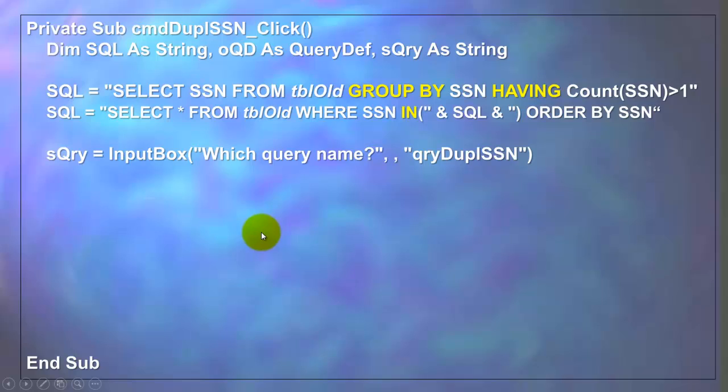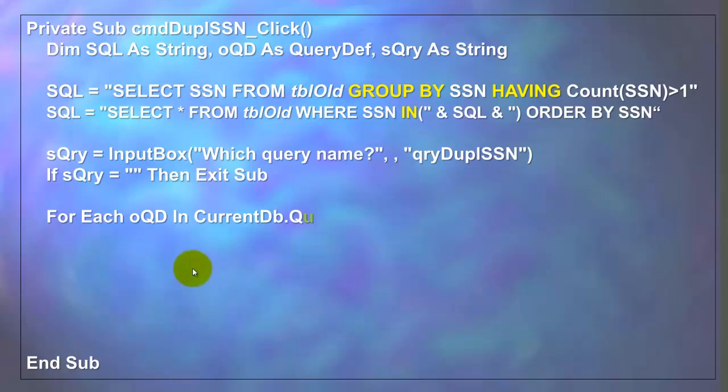Then we ask, how do you want to call that query? If someone cancels that input box, then we stop the entire sub. I should really check whether that query already exists. So we are going to loop through the collection of query definitions in the current database.